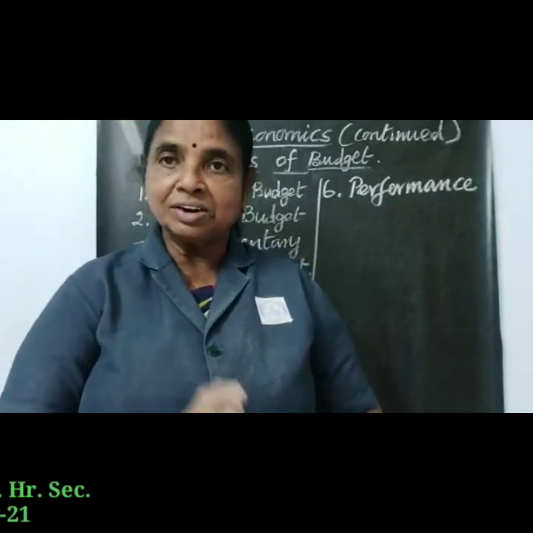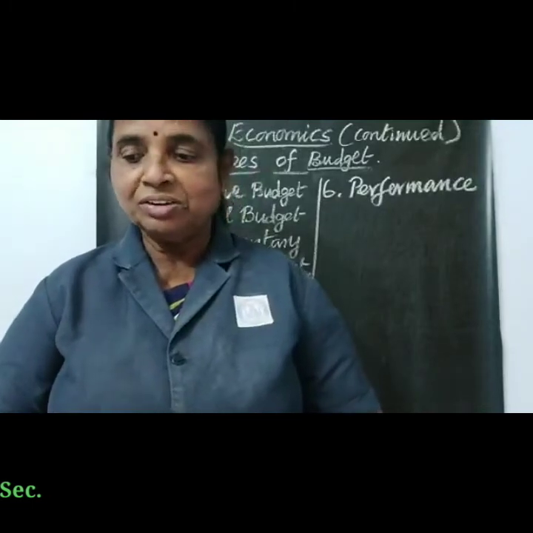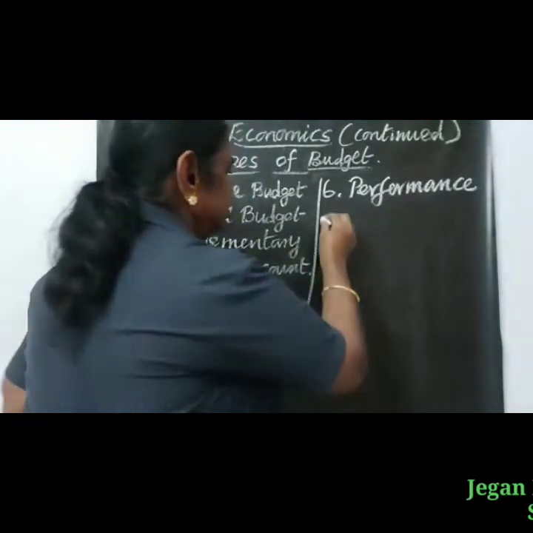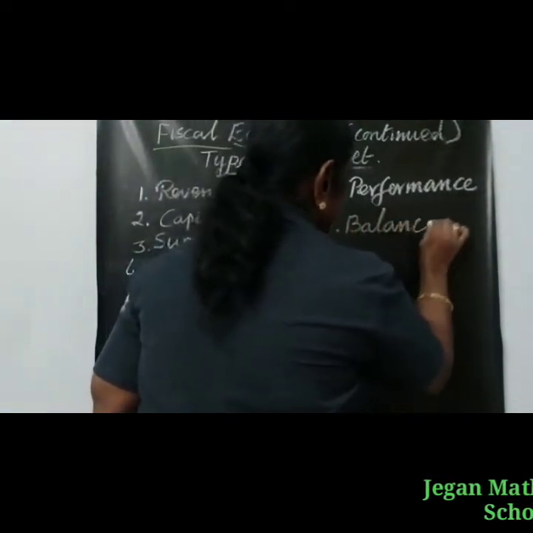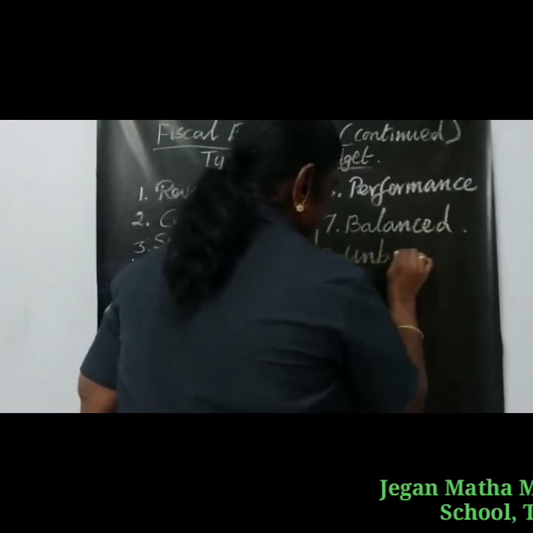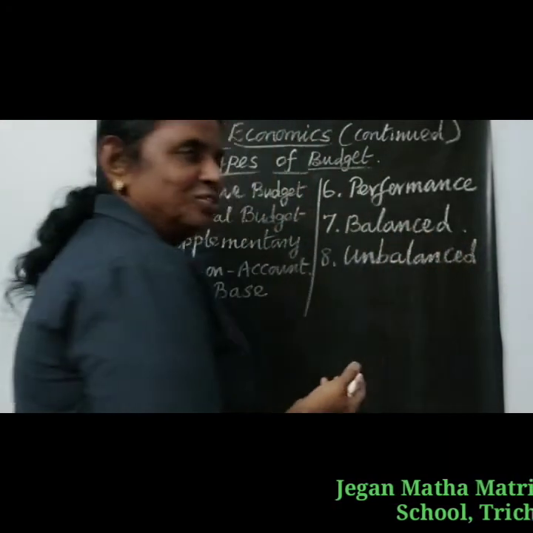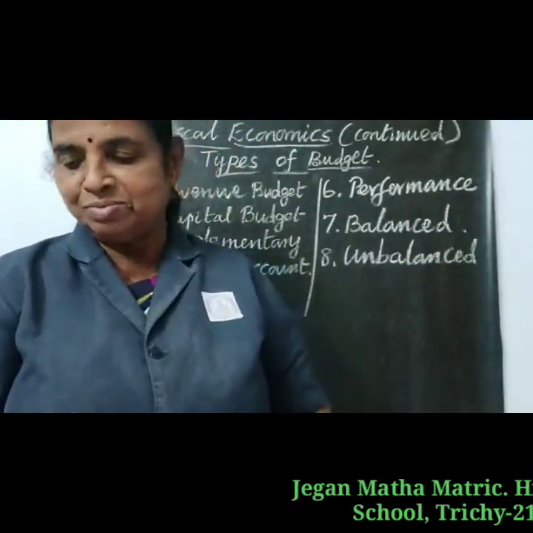So seventh, balanced. And eighth, unbalanced budget. Opposite of balanced budget is unbalanced budget.